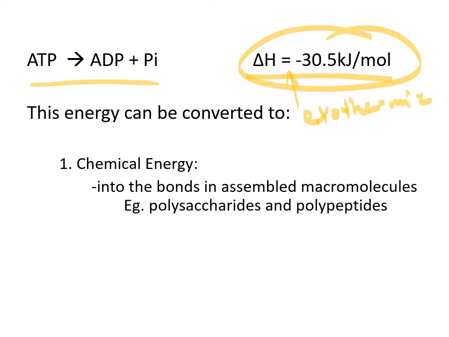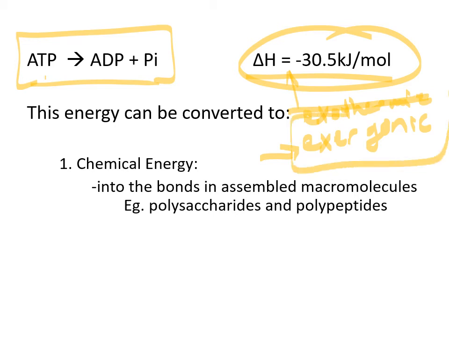But what we were factoring in when we talk about the free energy, not just the heat energy, but the free energy, the ability to do work, we refer to that as exergonic, and that incorporates the idea of entropy as well. So not just heat energy, but also entropy and the temperature at which it's occurring, the whole Gibbs free energy equation, all of that gets calculated in, and that term we use then is exergonic.